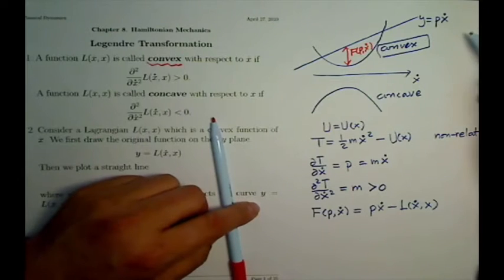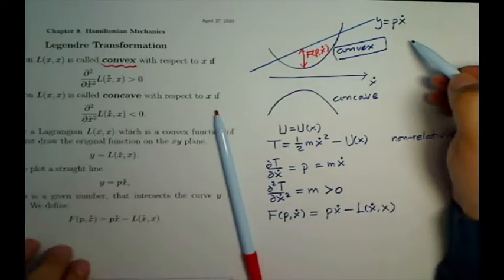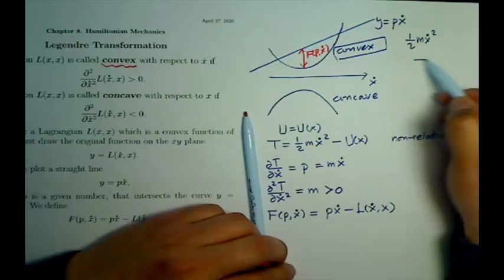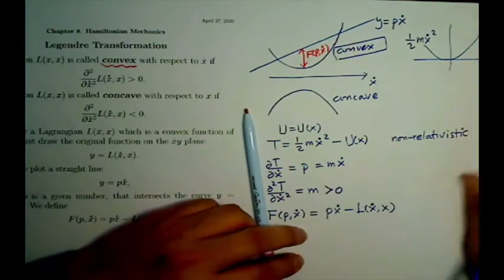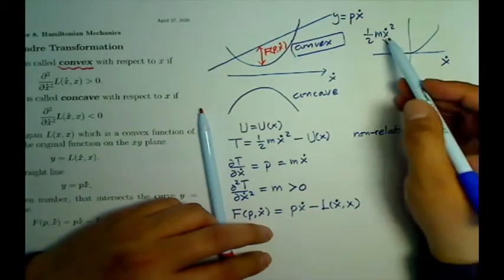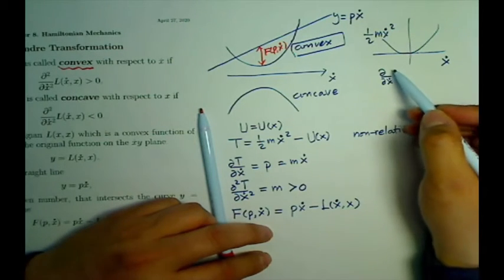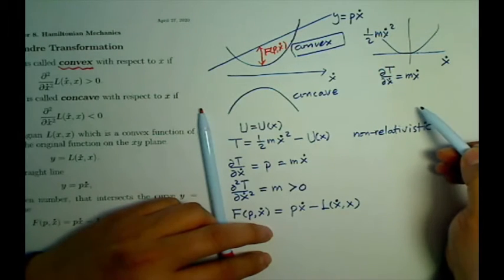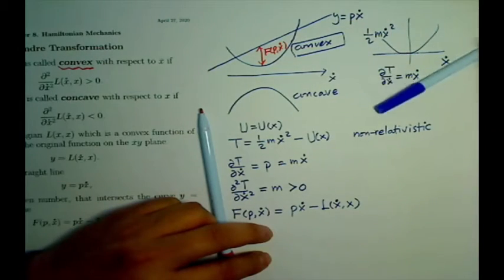For example, kinetic energy T is one half m x dot squared. That is this kind of form, where x dot is the horizontal axis. Its derivative is increasing. That can be found by taking the derivative; this is the slope. Slope is increasing.